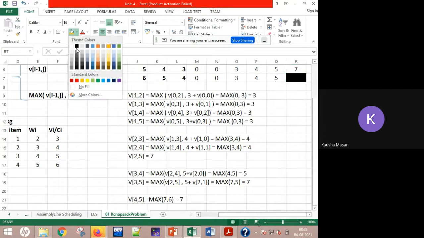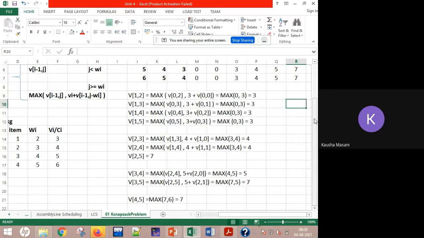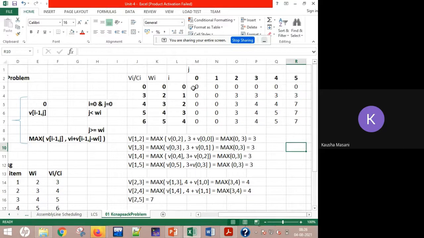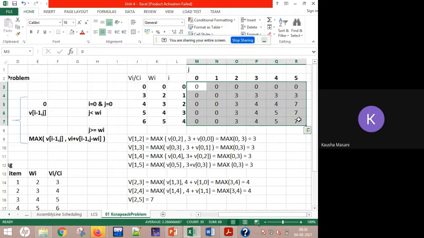Everybody getting how we are computing the values of your table now? This is your table values. 4 comma 4, what is the answer you're getting? Not possible.